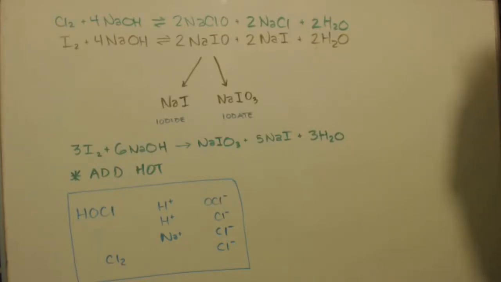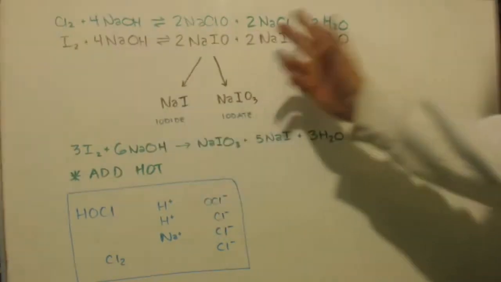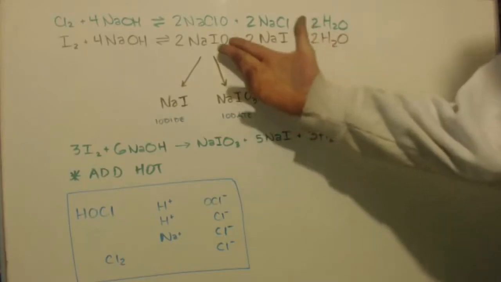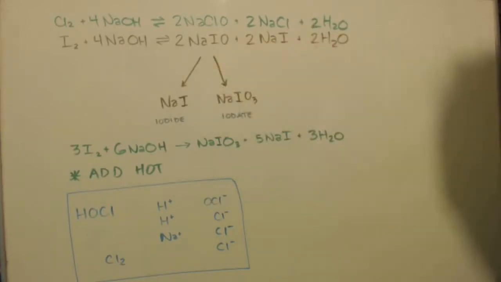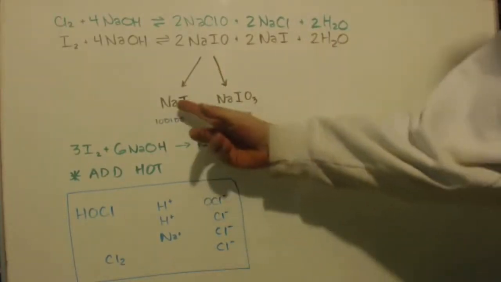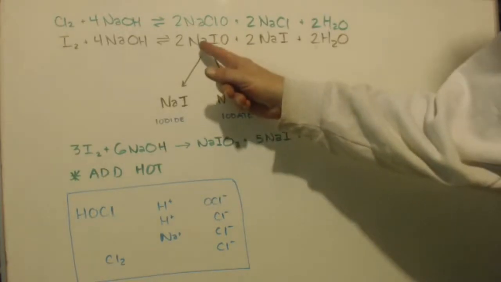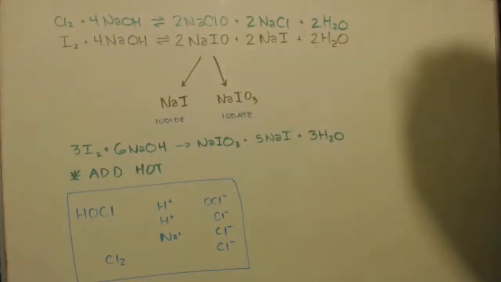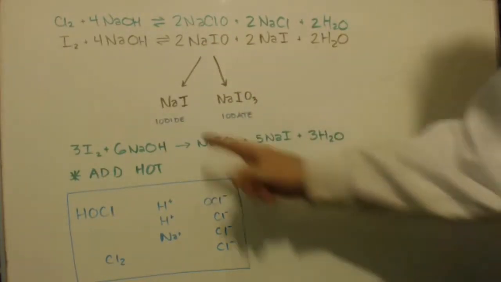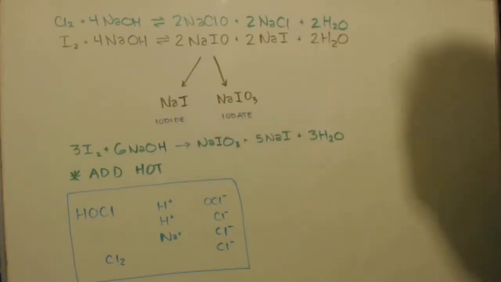So you don't really have to boil it per se. So this is what we did. This is what we have. Like I said, this naturally disproportionates. So what we made, as time progresses, that sodium hypoiodite will disproportionate to iodide and iodate, given time.